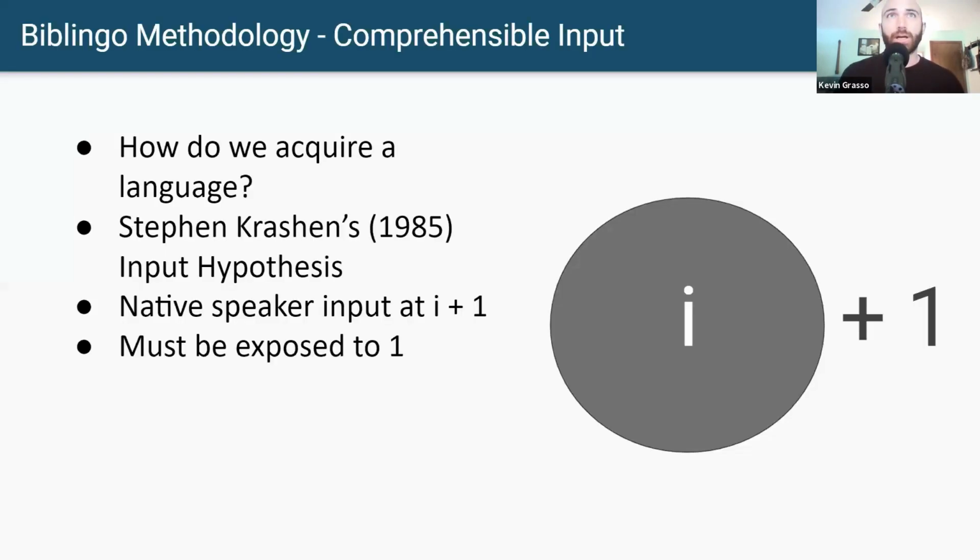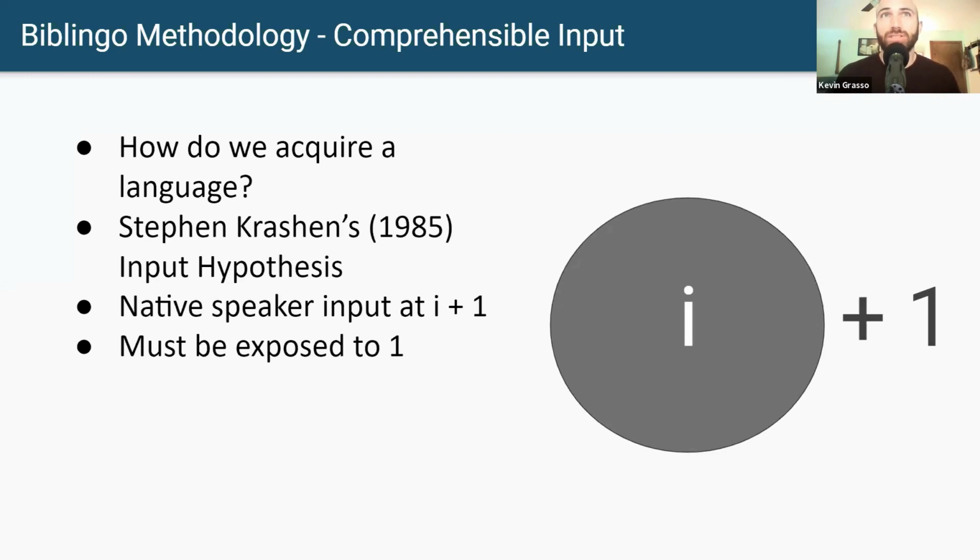On a very basic level, everything in Biblingo is about comprehensible input. This is actually not well understood. Most people think of comprehensible input as just input that you can comprehend, but that's not the case.